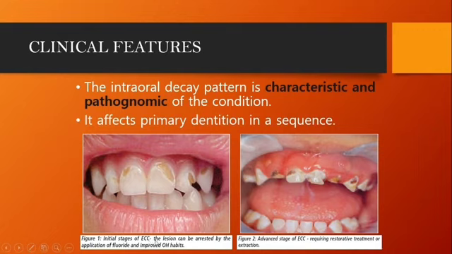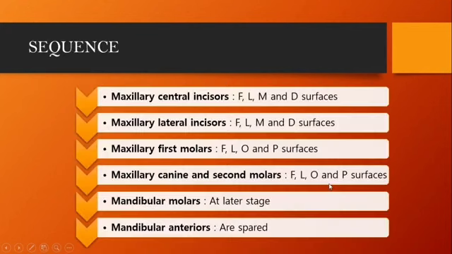This is the initial stage of early childhood caries, and the lesion can be arrested by the application of fluoride and improved oral health habits if diagnosed at this stage. And if it advances further, it requires restorative treatment or extraction.